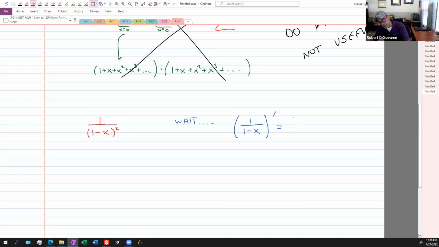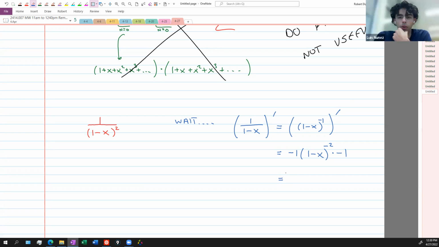So instead of doing that, take the derivative of 1 minus x to the negative 1. Aren't those the same thing? So take the derivative of this. The negative 1 comes out. 1 minus x to the negative 2 times negative 1. And that's just chain rule, right? Negative 1 comes out, this to the negative 2. But whoa, wait, what is that?